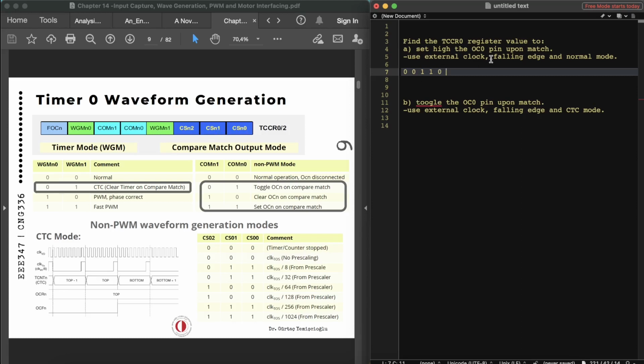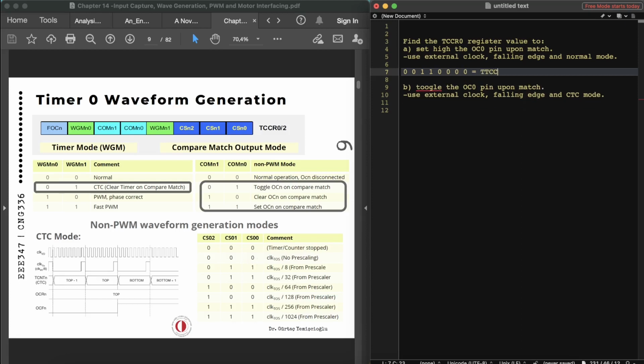For external clock, there's no prescaling over there, so it's going to be 0, 0, 0. That means TCCR0 is going to be equal to, when you convert it to hex, 0x30.